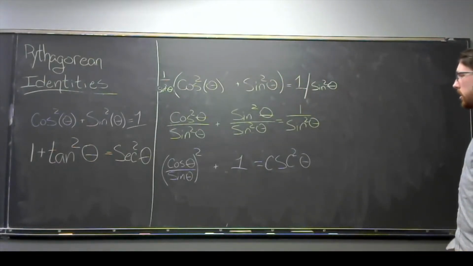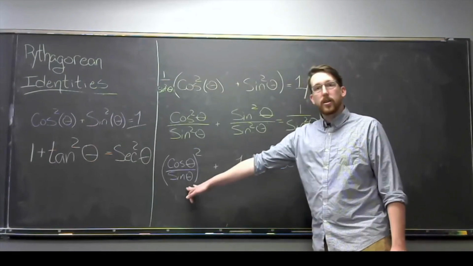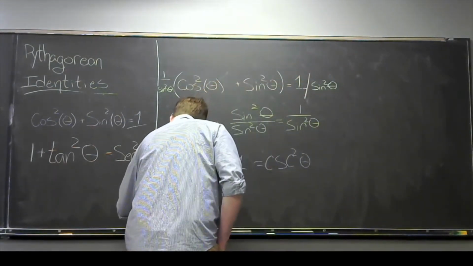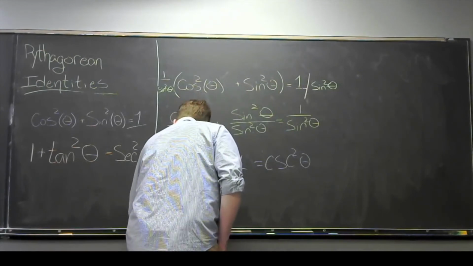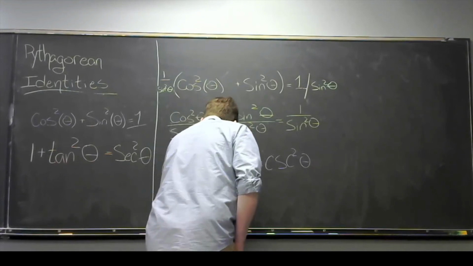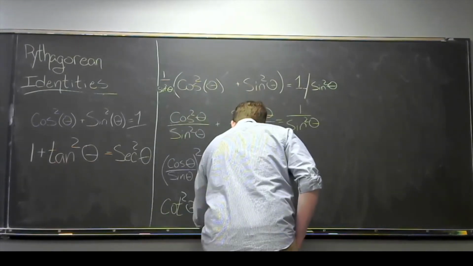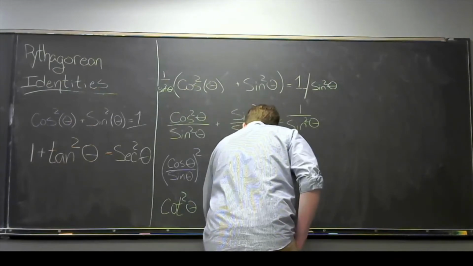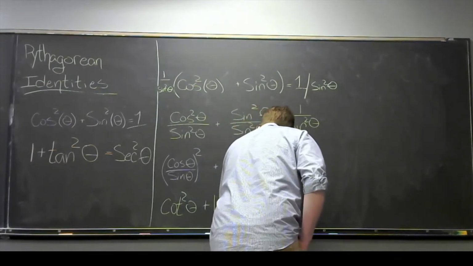Now you might notice here, this is equivalent to cotangent. So what we got is cotangent squared theta plus 1 is equal to cosecant squared theta.